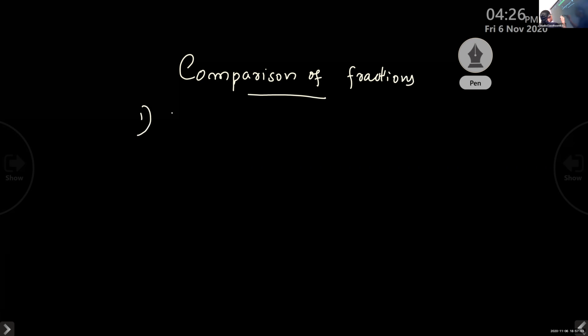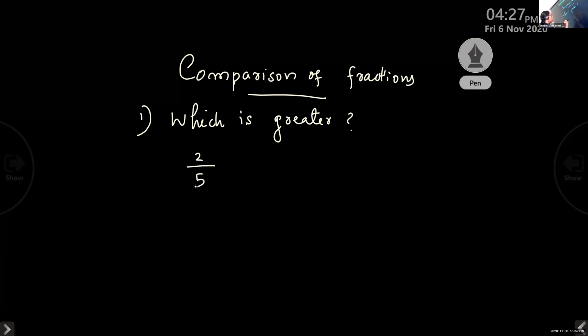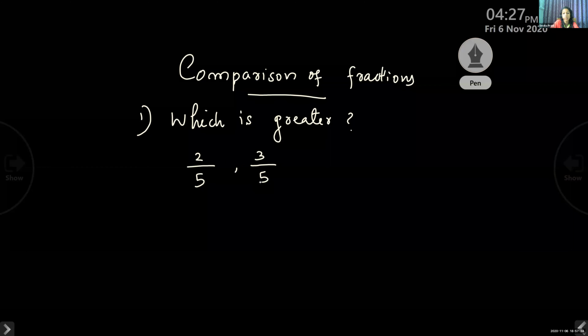Our first question is, which is greater? 2 by 5 or 3 by 5? Ma'am, 3 by 5. So 3 by 5 is greater than 2 by 5. This is our answer.